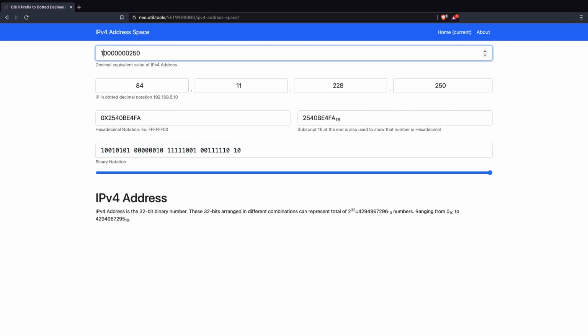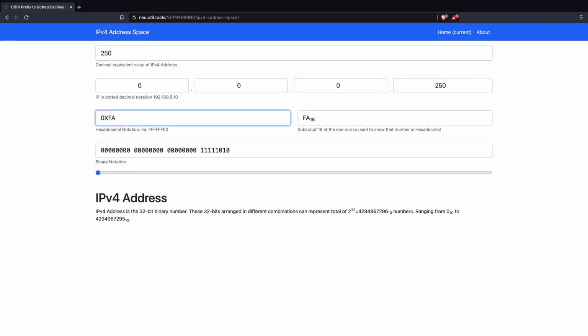But if I just put one, everything changes, right? Likewise, since we have zeros here, this is equivalent to 0000 FA. Now as I increase, the last octet goes 254, 255.